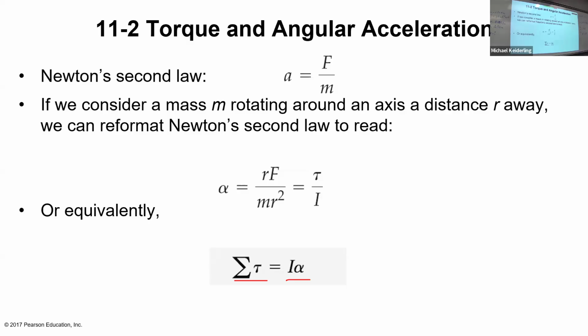So if we divide both sides by radius, we go from acceleration to alpha equals torque over moment of inertia. Or equivalently, the sum of all torques equals moment of inertia times alpha.